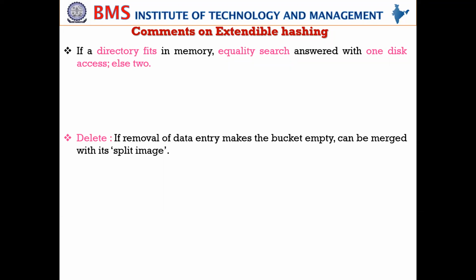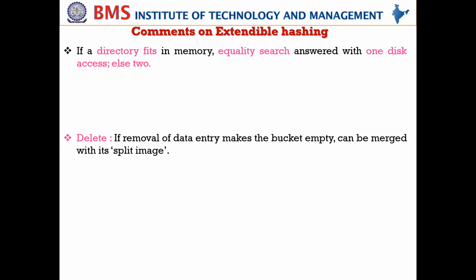Or if I want to check if a person with so and so age is part of this file. Yes or no? Or if you want to check whether a particular student with so and so USN is part of the file. Such searches are called equality searches. They'll give me the student name and ask me to check whether a student with that particular name is part of the file. So such searches are called equality searches.